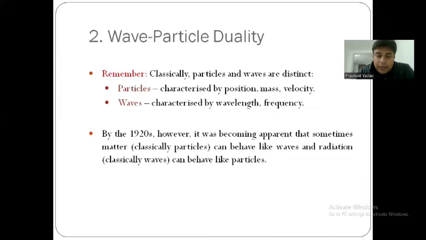In the 1920s, it was becoming apparent that sometimes matter can behave like a wave and radiation can behave like a particle. According to quantum mechanics, matter can behave like a wave and a wave can behave like a particle.